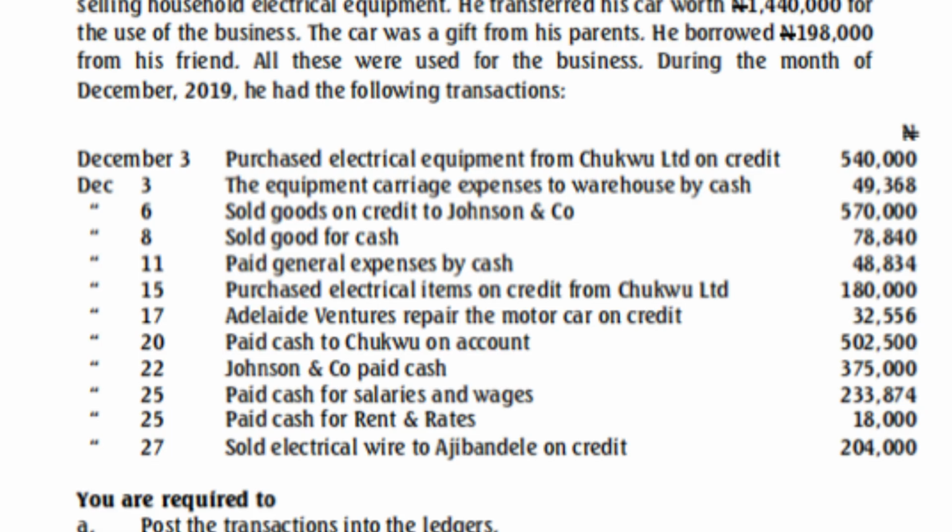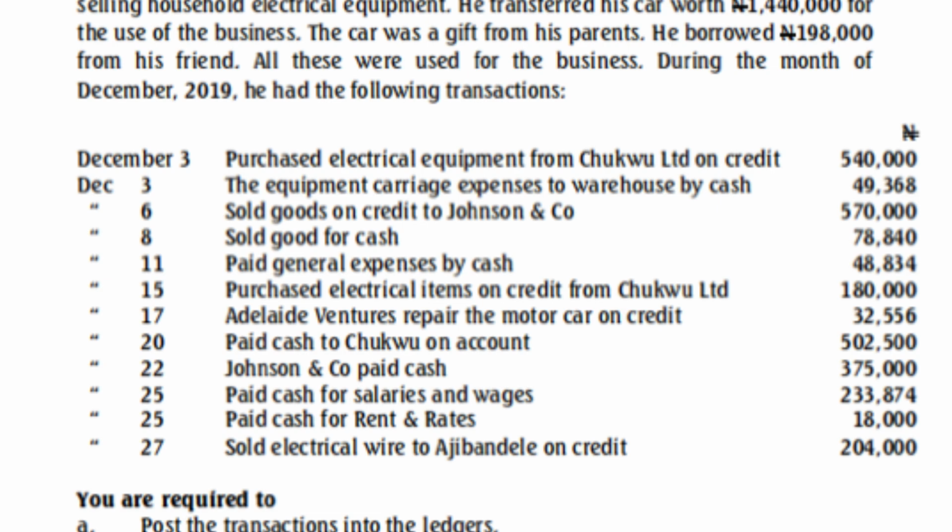Then the next transaction, paid general expenses by cash, 48,834. So I'm going to call it general expenses. How much? 48,834. Then the next item that we have is purchase of electrical items on credit from Shuku Limited again. That's a credit transaction.